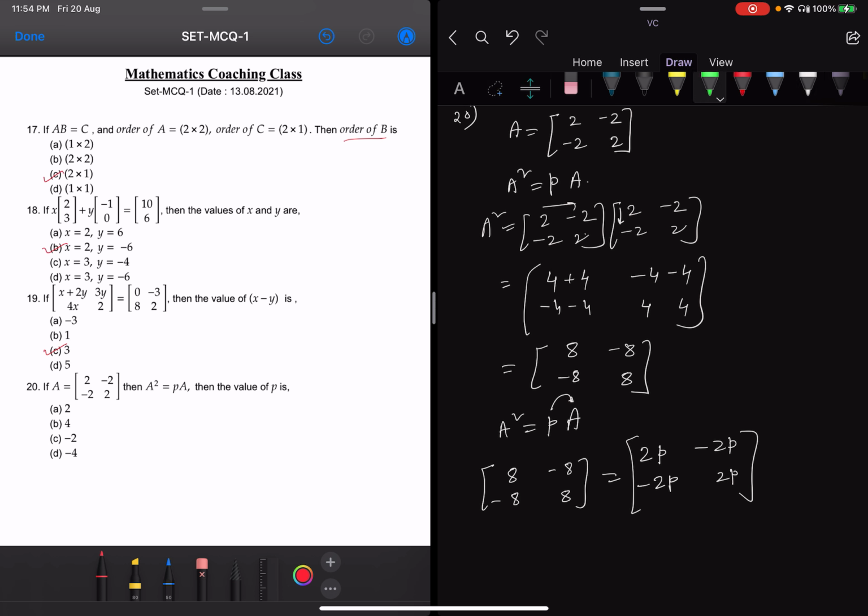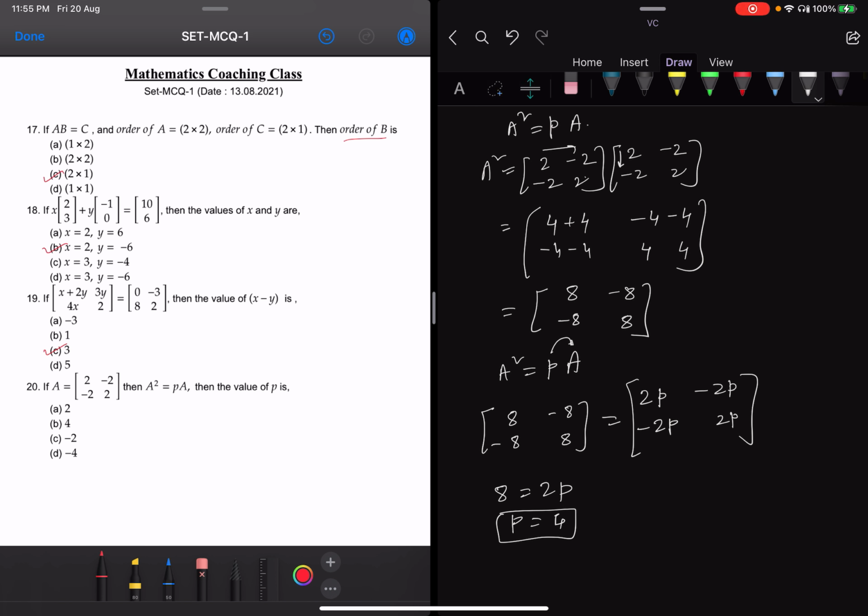Now you can see that 2P equals 8, minus 2P equals minus 8, meanings are same. If we cancel out minus, 8 will be equals to 2P. That means you can consider only one equation. That means 8 equals 2P. That means P equals 4 because 8 by 2 will be 4. That means the value of P is 4. So this is the answer.